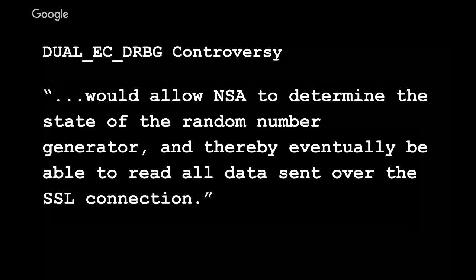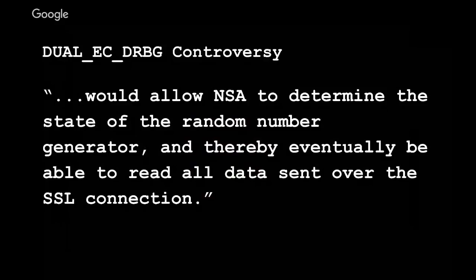Given that information, they could read everything that I'm transmitting over the wire. So again, that has severe privacy implications if the NSA did this deliberately in order to be able to interpret things that are being sent over a Wi-Fi connection.